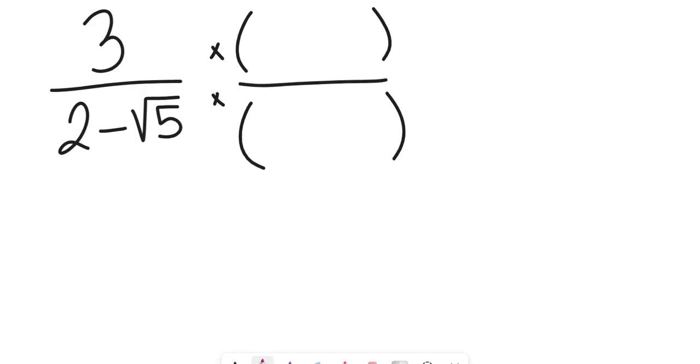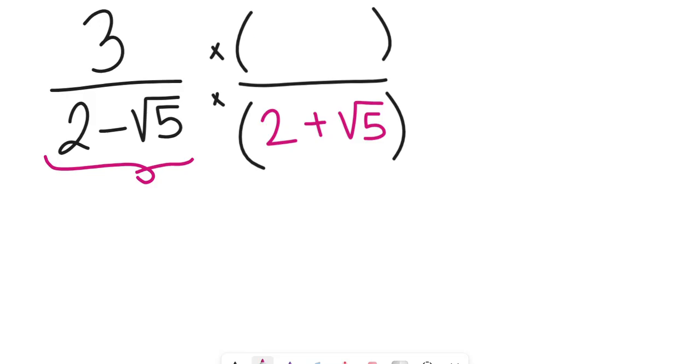What is the radical conjugate? Basically, we just copy this, but we change the sign. So if it was positive, we multiply by a negative value. If it was negative, we multiply by a positive value.